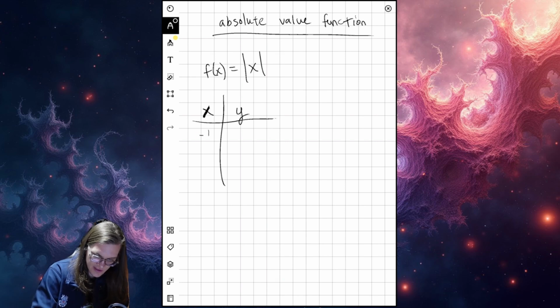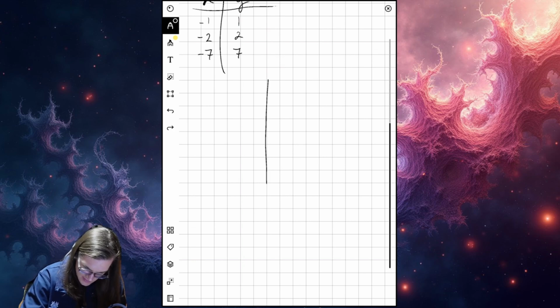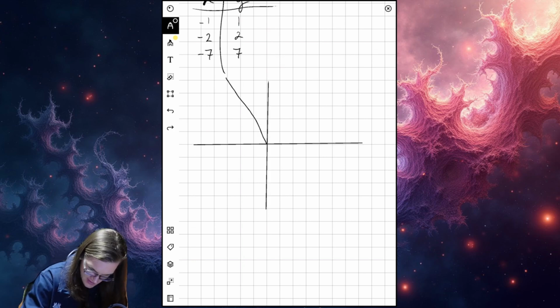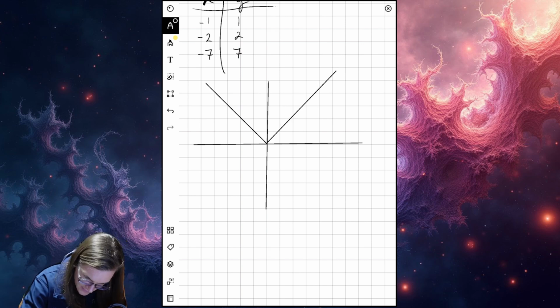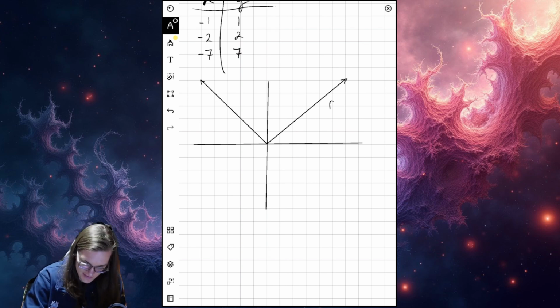So if you have -1, it outputs 1. If you input -2, it outputs 2. If you input -7, it outputs +7. The way that one's shaped, it looks like this, right? Straight lines coming from here. Let's make it accurate. Okay. It should make sense why the function is shaped like that when you graph it.